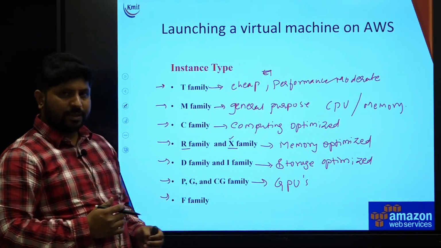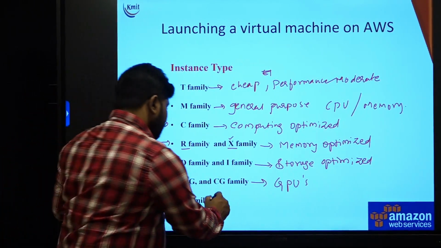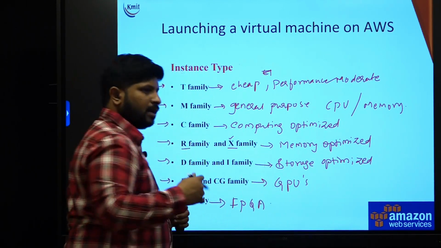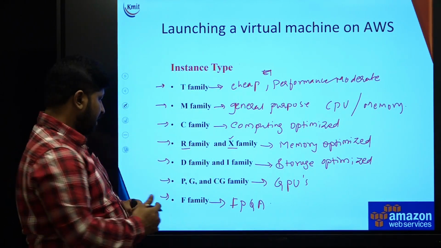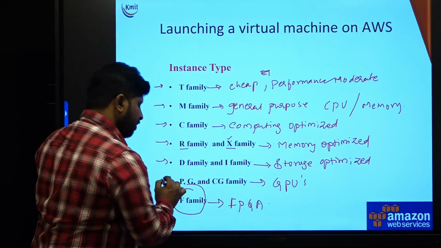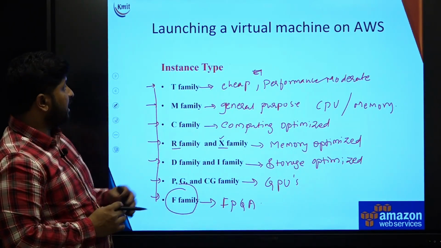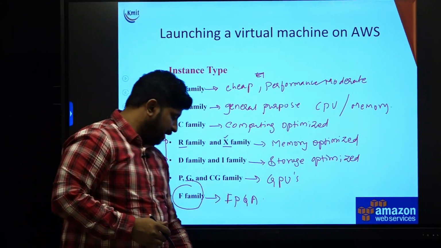Then you can choose the EC2 instances of this family type. Whereas FPGA, which is highly computing optimized, we can get from the F family. So all these are the various instance family types where AWS provisions their EC2 instances.